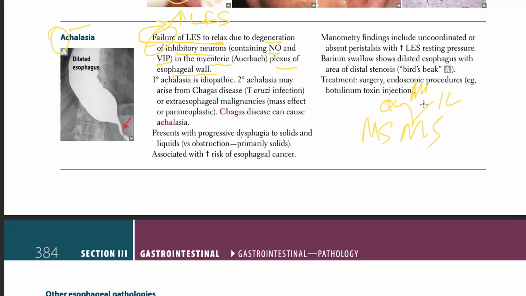You have the myenteric plexus, M for motility. So when you don't have this, you're not having any motility. That's why you have the failure of LES to relax. You have no motility. Again, the problem is that nitric oxide and VIP are not there.